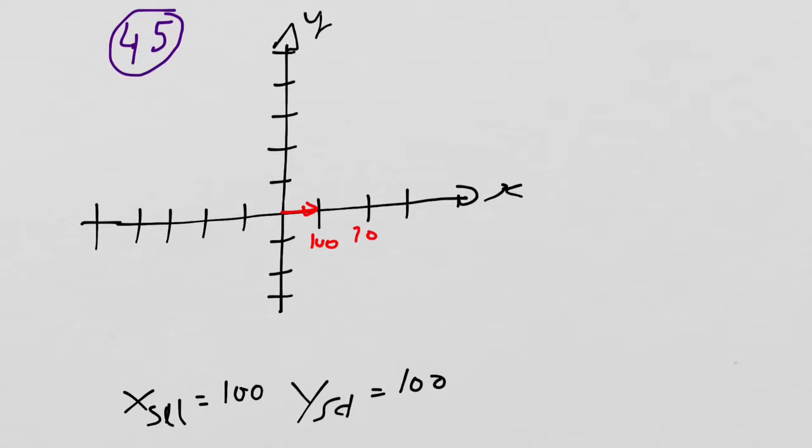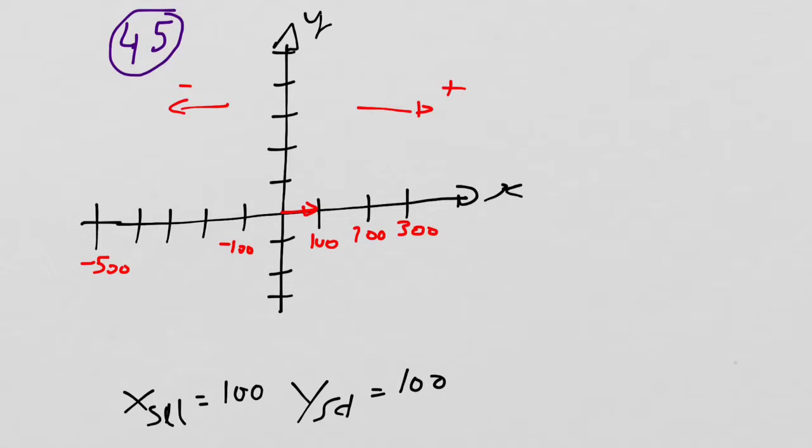So that is going to be 200, and this one is going to be 300. Obviously, positive values of x are to the right, negative values of x to the left. So minus 100, minus 200, minus 300, minus 400, minus 500.